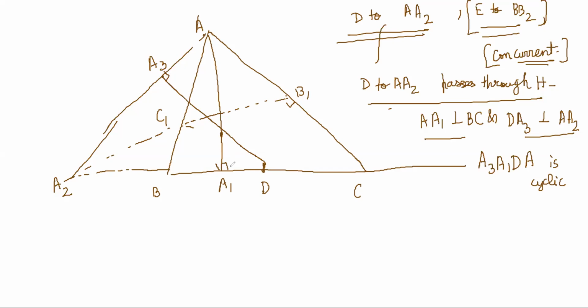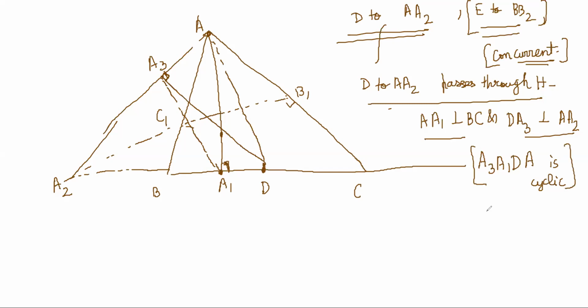Because look at this, equal angles, 90 and 90. The chord AD is subtending equal angles, 90 here and the same chord AD is subtending 90 here, right? So A3, A1, D, A is cyclic.